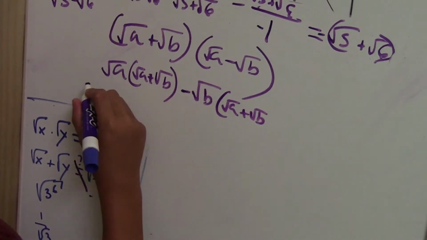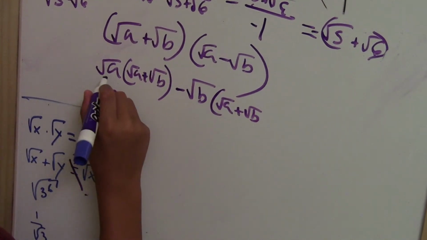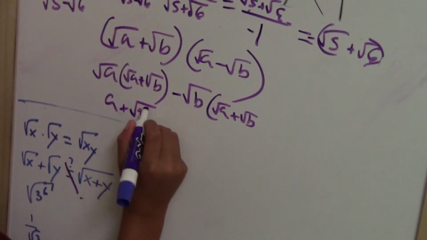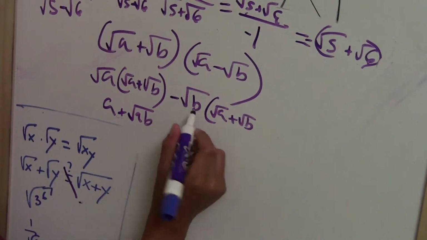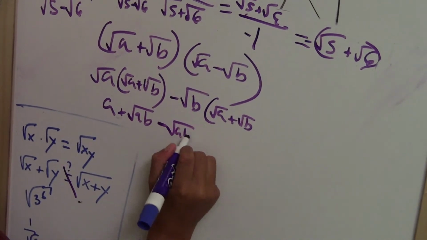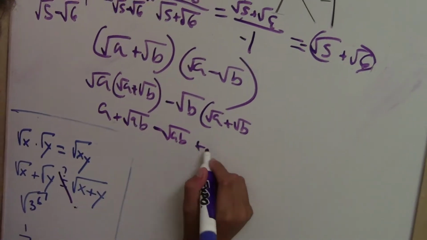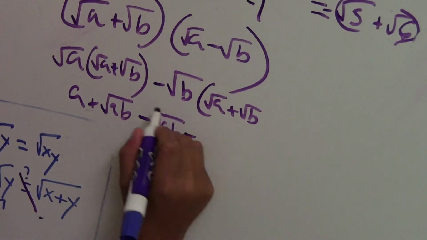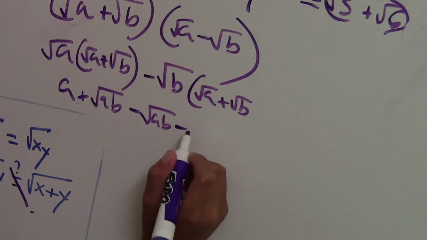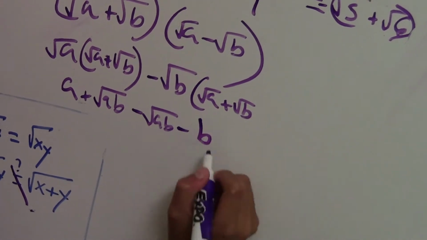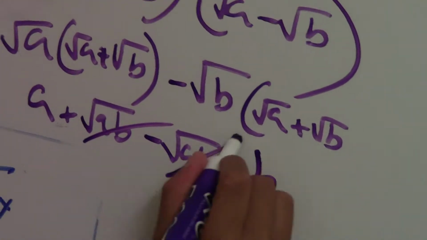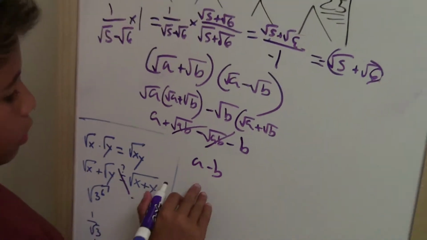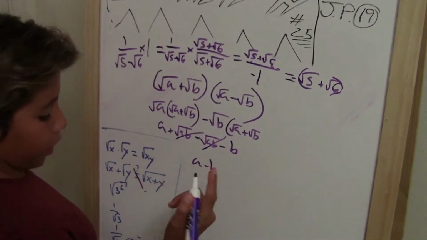We do that, A times A is A, plus the square root of AB, minus the square root of AB or BA, it doesn't matter, it's the same thing. Plus, no, actually minus, because only a negative times a positive B. These two cancel out. That's just A minus B. Remember, we see a minus sign again.